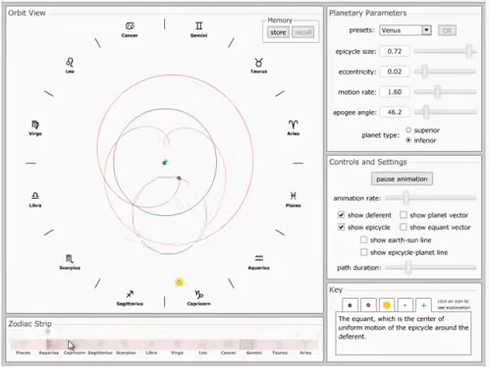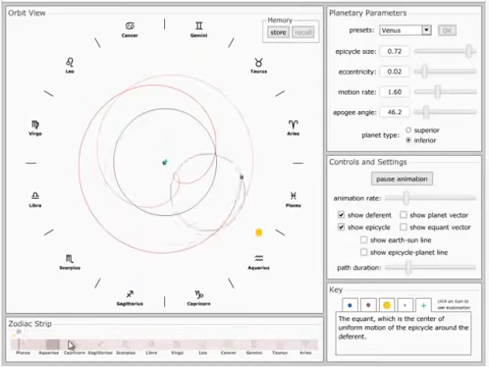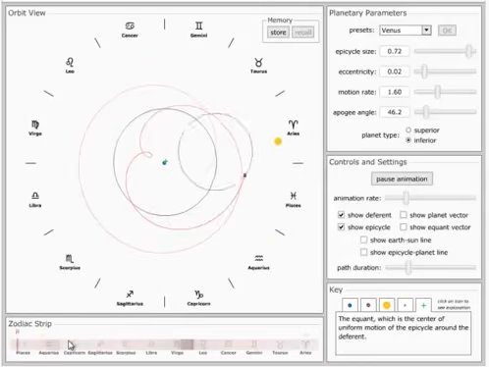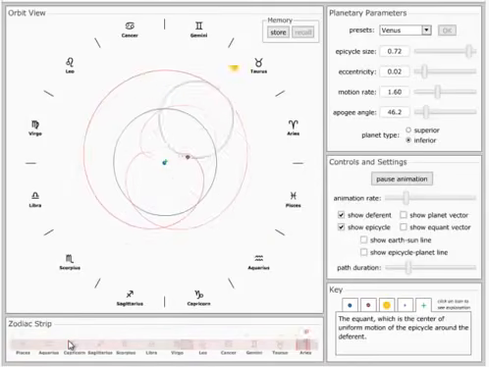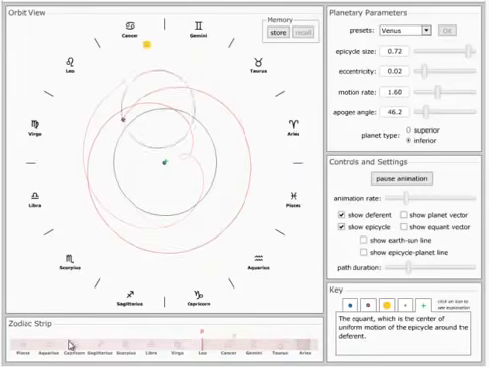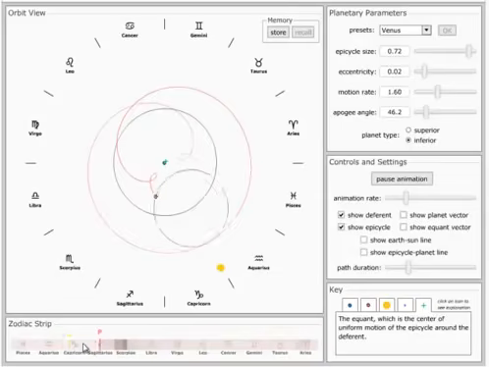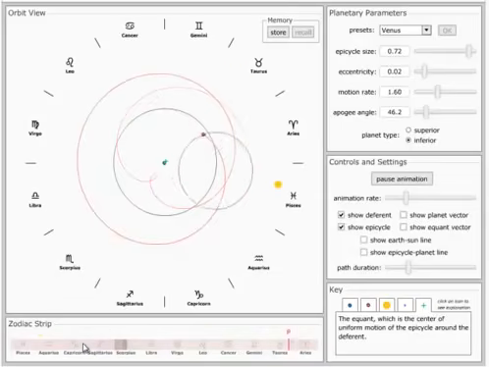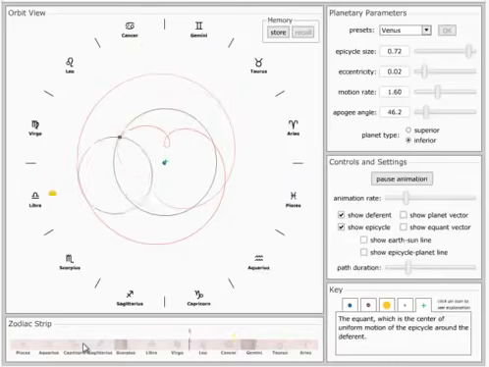So this matches our observations. This is a good model. In fact, it's better than we're even seeing here, because it could actually be used to accurately predict the exact location of the planets years into the future, which is amazing because it's doing this crazy dance of retrograde motion. So this is a very sophisticated model, and it explains our observations, which is why it lasted for so incredibly long.